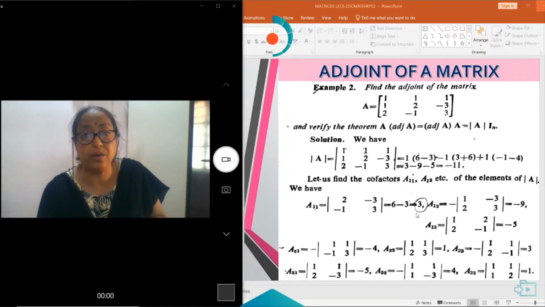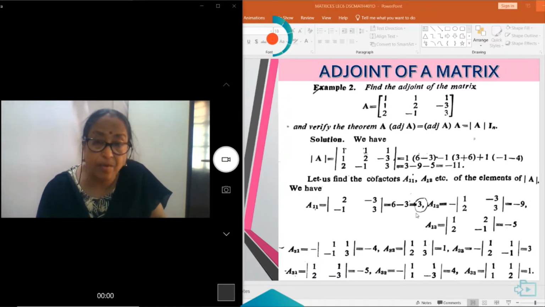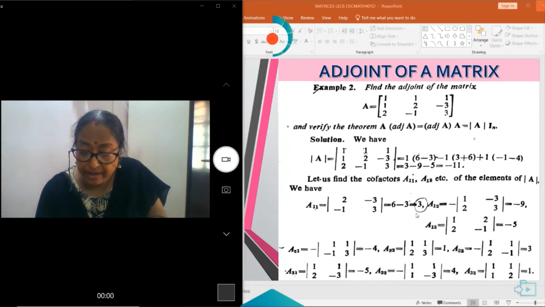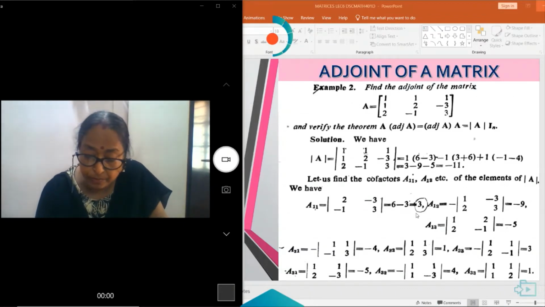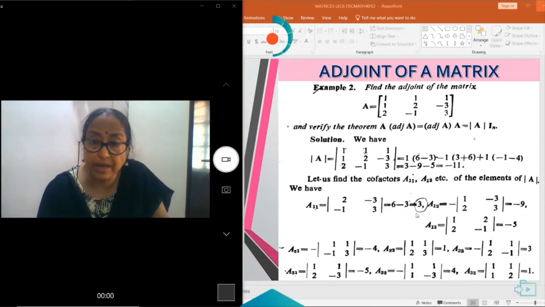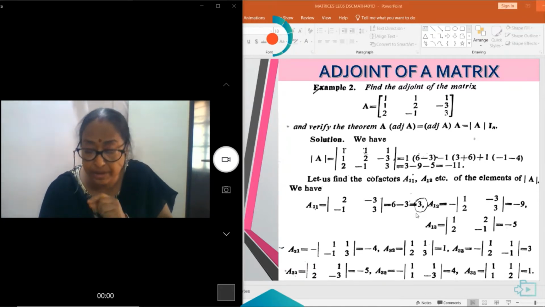Now, how to find the cofactor of small a11, which is known as capital A11. For finding the cofactor of the first value, that is 1, we leave the first row and the first column, and then find the determinant of [2, -3; -1, 3]. After calculating, we get its value is 3.